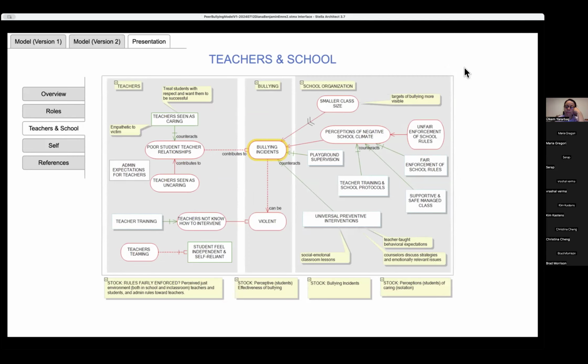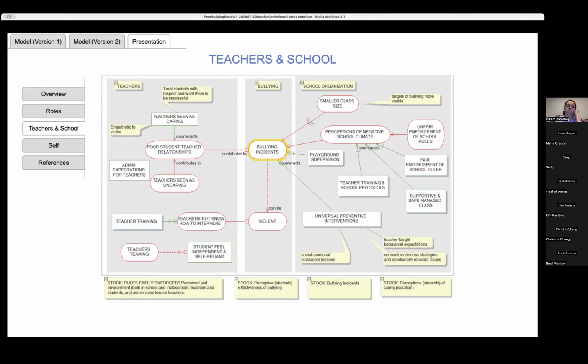So then we thought about, who is our audience for this model? And we came up with, we want to try to develop a model that schools could use, administrators or teachers could use to better understand school bullying.